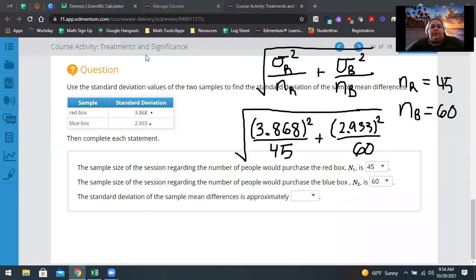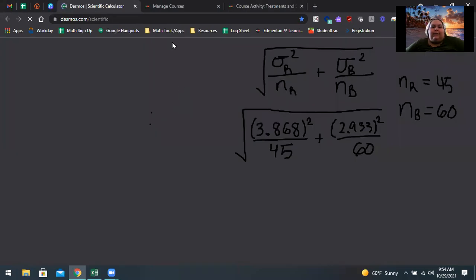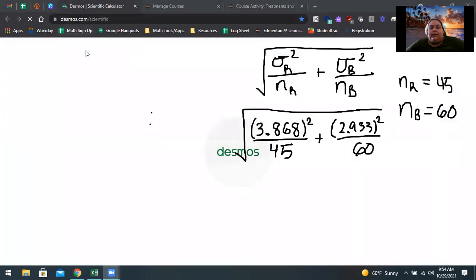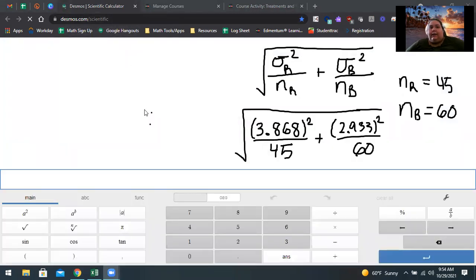So now let's move into the scientific calculator. I definitely recommend the Desmos scientific calculator. If you open up a new tab and search it on Google, Desmos scientific calculator, it should be the first link there. So I'm going to show you how to set this up and what it should look like.